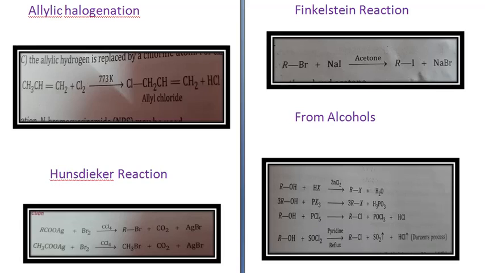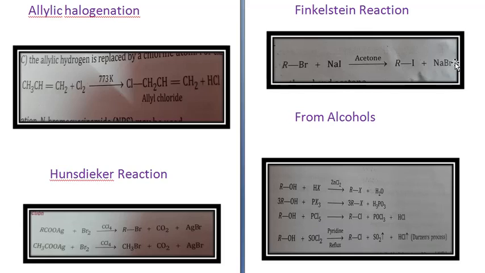So see over here, you have taken bromoalkane RBr and you are treating it with NaI in presence of acetone. So the bromine will be replaced by iodine and you will get RI plus NaBr. So this reaction is called as Finkelstein reaction.